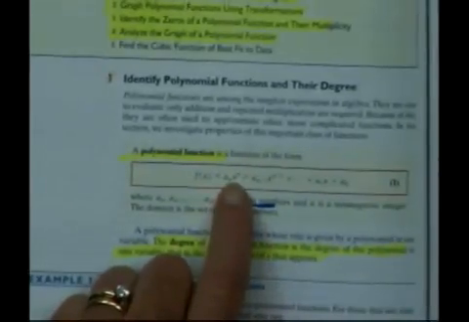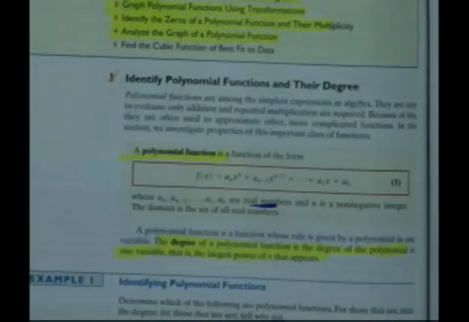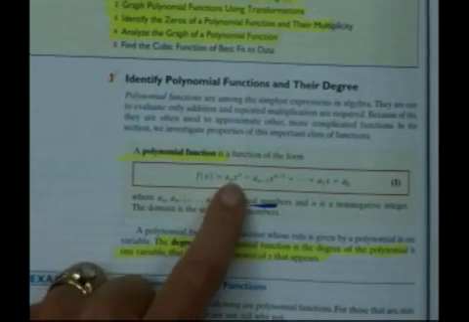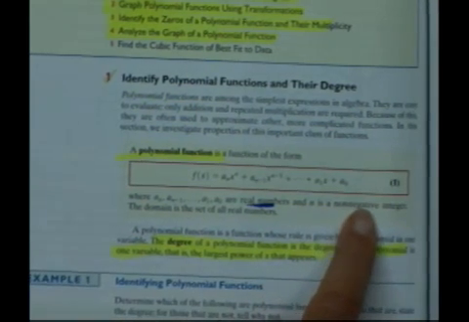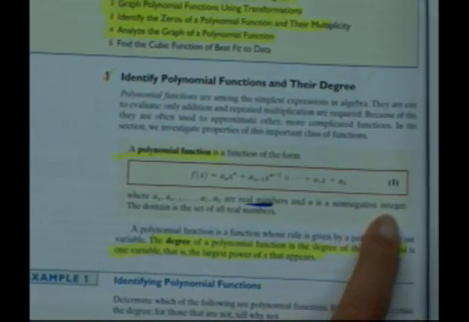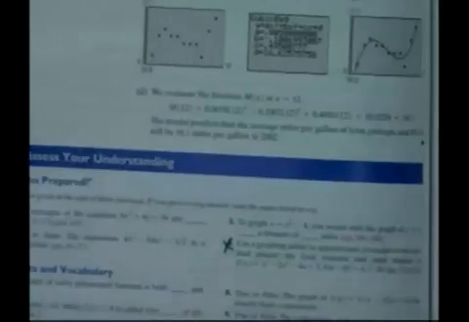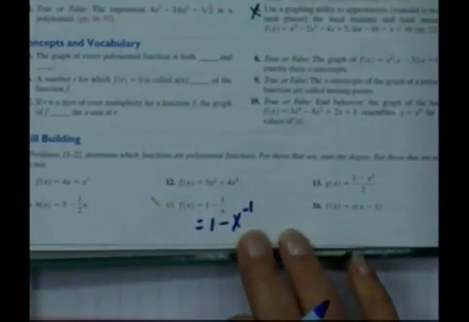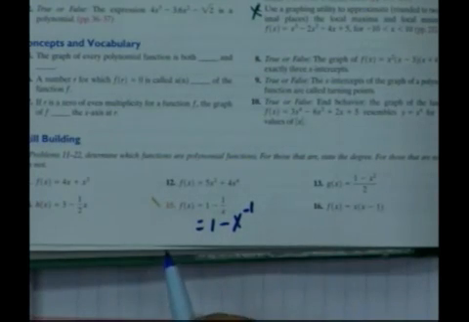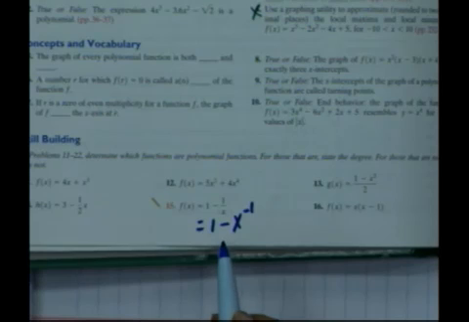And when you look back at your definition, you're trying to write it as x raised to some power, not 1 over x raised to some power. So first of all, you got to write it as x to the n, and then n has to be a non-negative integer. So if I'm trying to write it as x to some power, it has to be x to that negative 1. So that is not a polynomial function.